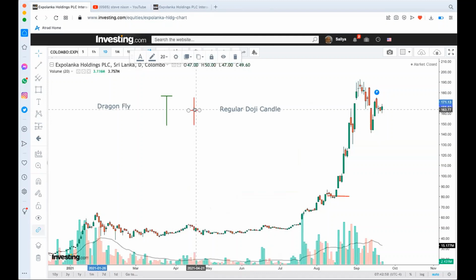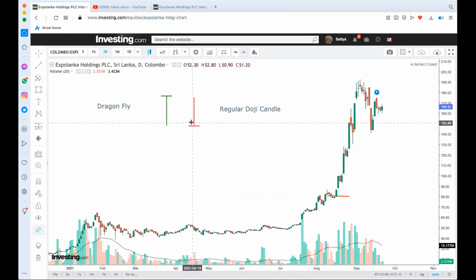Then you see the opposite. Where the low, the close and the open all are at the same price, but with an upper wick where the high is at the top or tip of that wick, right?